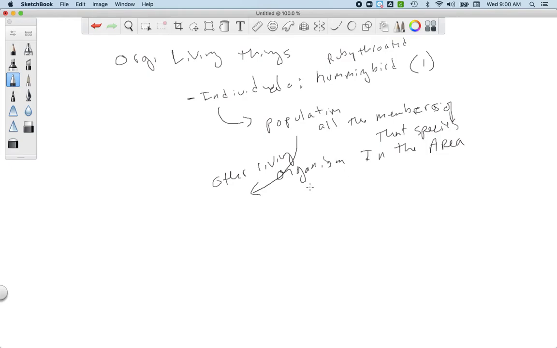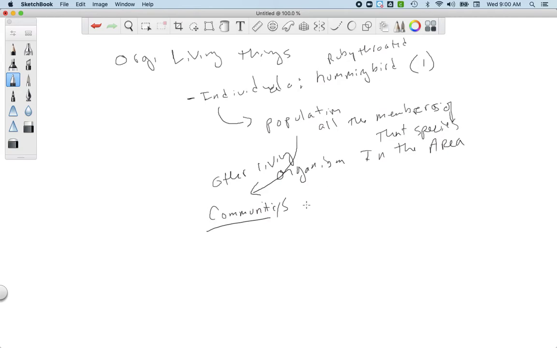And those other living organisms require the same basic needs as hummingbirds. Hummingbirds need a certain amount of materials to be alive, and all living things are related. All living things need the same basic things to survive. So they're competing with other living organisms, and those are going to be communities.